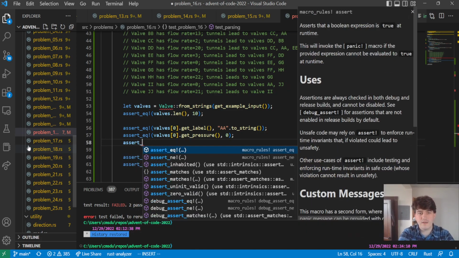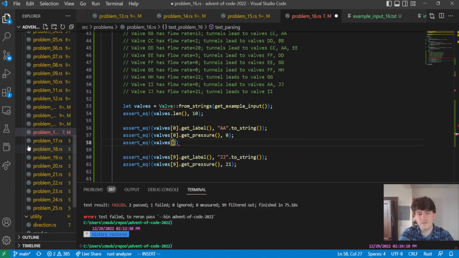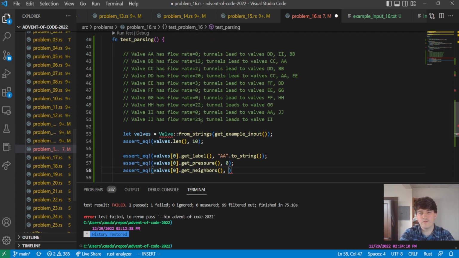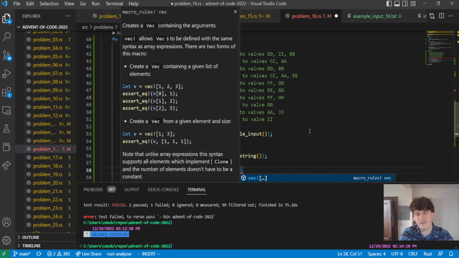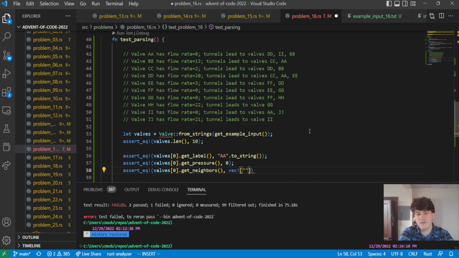So let's say assert equal valves 0 dot get neighbors is, let me go back to find, DD. DD is 3, II is 9, and BB is 1.